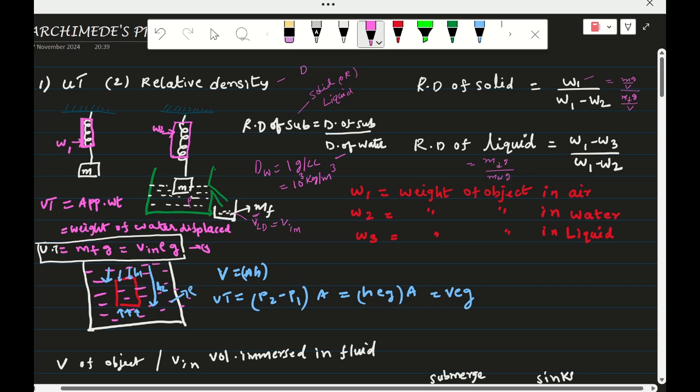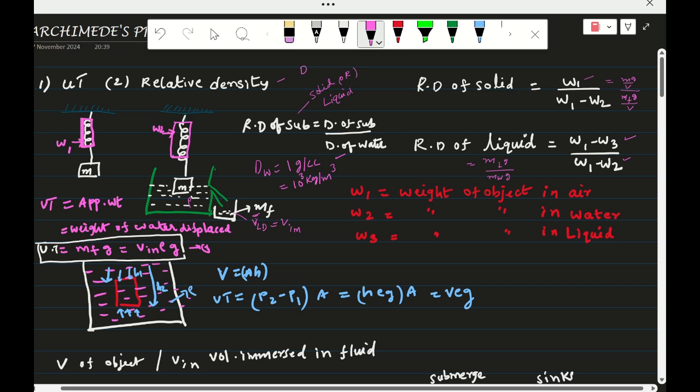Similarly, the mass of the liquid displaced by the same volume of the object in another liquid and the mass of the water displaced by the same volume of the object will be different. So again, it depends on their densities. That's why m_l into g is equal to the apparent weight of the body in liquid, that is equal to W1 minus W2. So m_water into g is equal to W1 minus W2 in water.